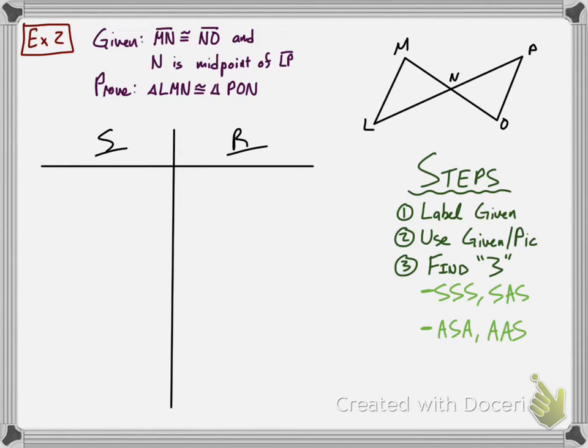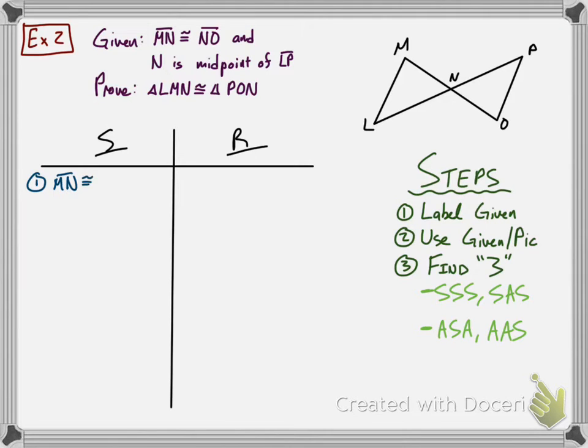All right, for example 2. For example 2, we have our given. It says MN is equal or congruent to NO, and N is the midpoint of LP. So we're going to start out by rewriting our given.